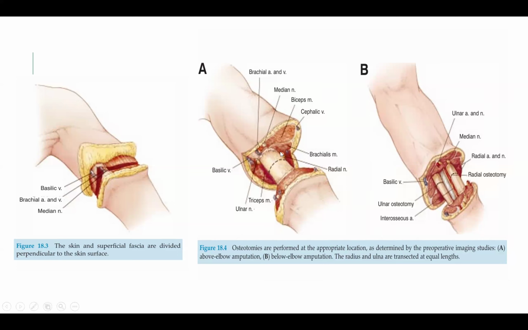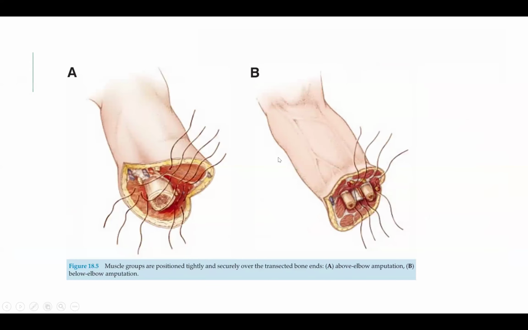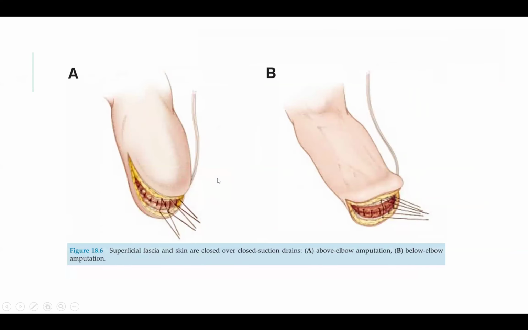Osteotomies are performed. This is the above elbow amputation, and this is the below elbow amputation, picture B. After bone dissection, muscle groups are positioned tightly and transected at the bone ends. Superficial fascia and skin are closed and suction drains are placed.